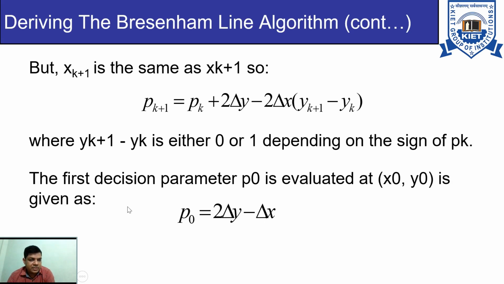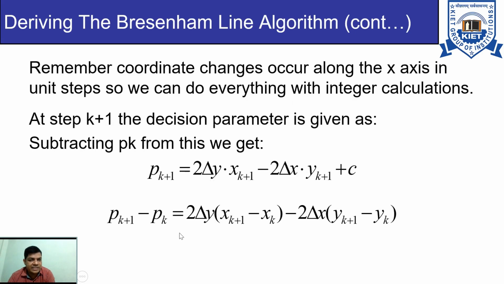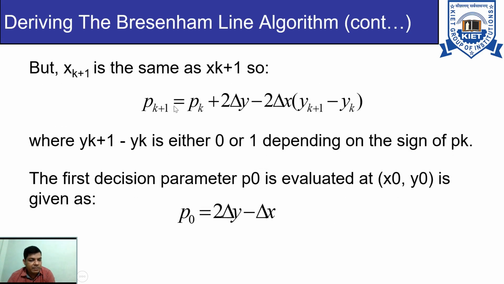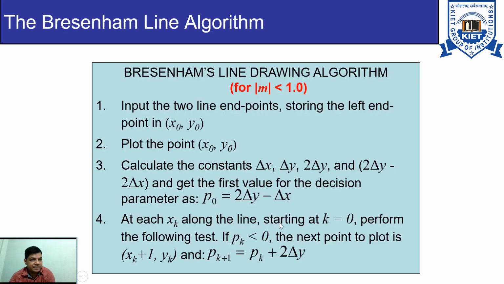Whenever we use this algorithm, we have to start from the initial pixel parameter. For the initial pixel parameter, you keep the value of k equal to 0, and you get the initial pixel parameter, which is defined as p0 equals 2 delta y minus delta x.